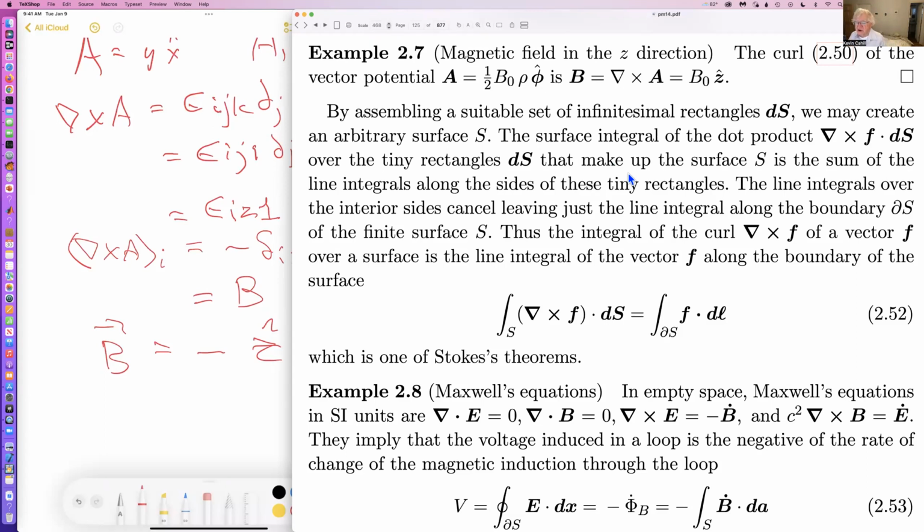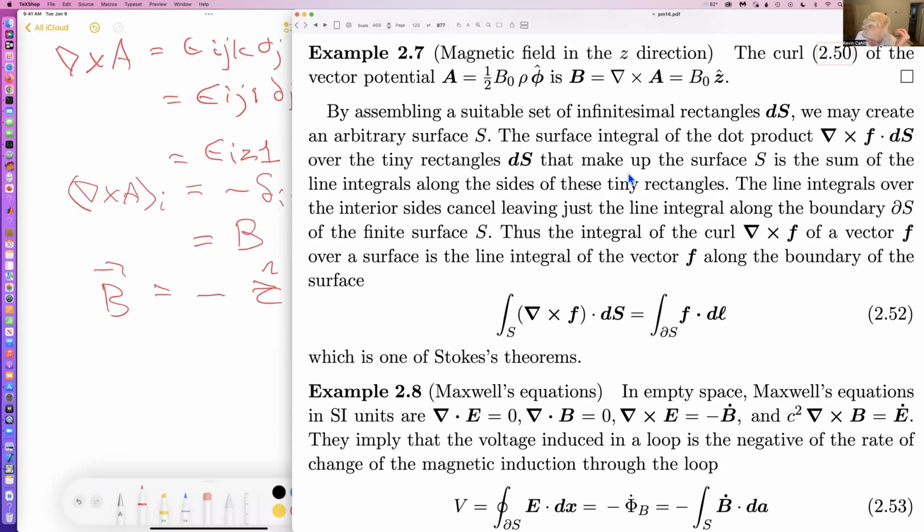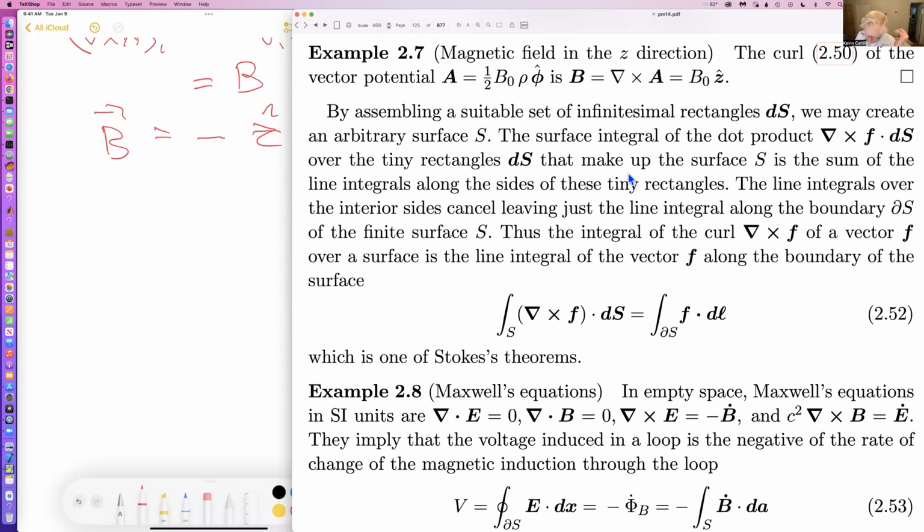We can get another of Stokes's theorems if we take an assemblage of rectangles and make a surface out of these rectangles like this. And what happens now is that these interior line integrals all cancel.